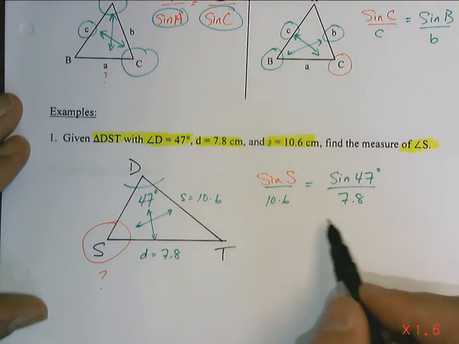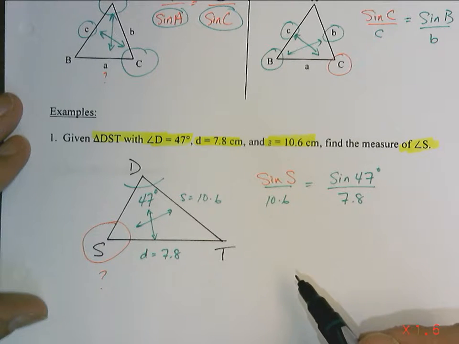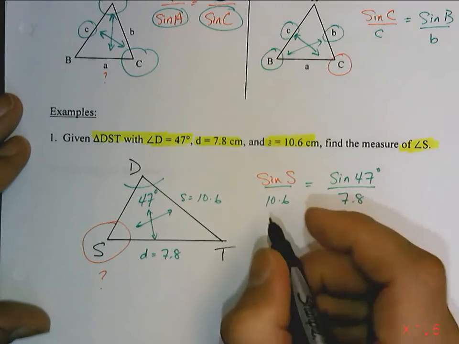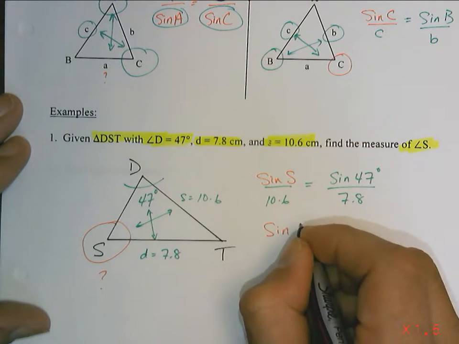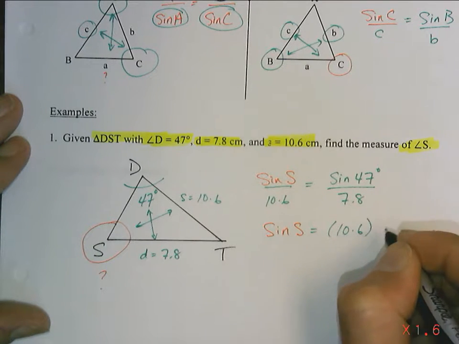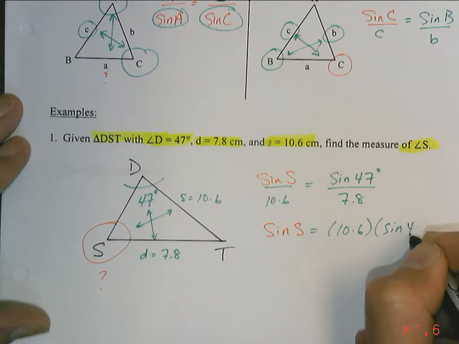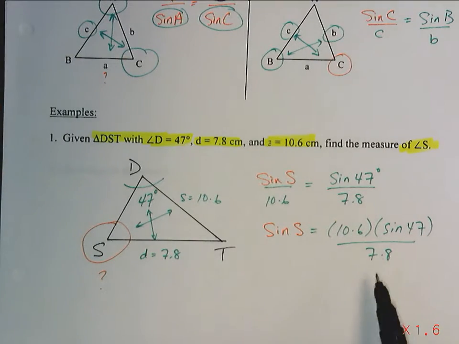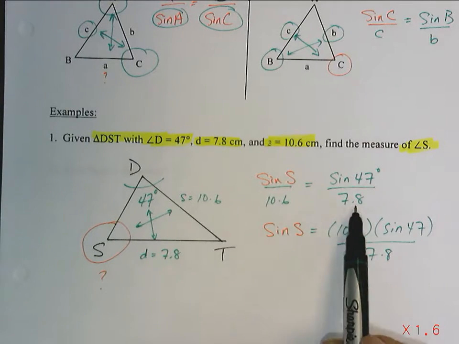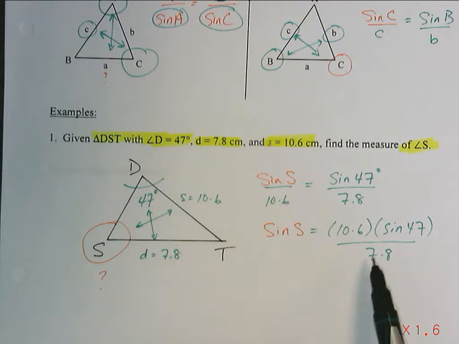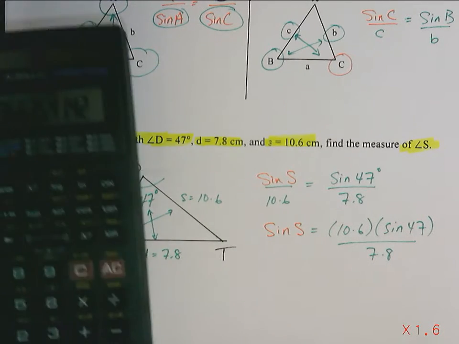Now, if we cross multiply and then divide both sides by 7.8, we can shorten that up simply by doing this: 10.6 sine of 47 over 7.8. Now, many of you are getting to the point where you can do this, and this works out really nicely. Some of you still want to show the cross multiplying, show the 7.8 on this side, divide both sides by 7.8, and that's fine too.